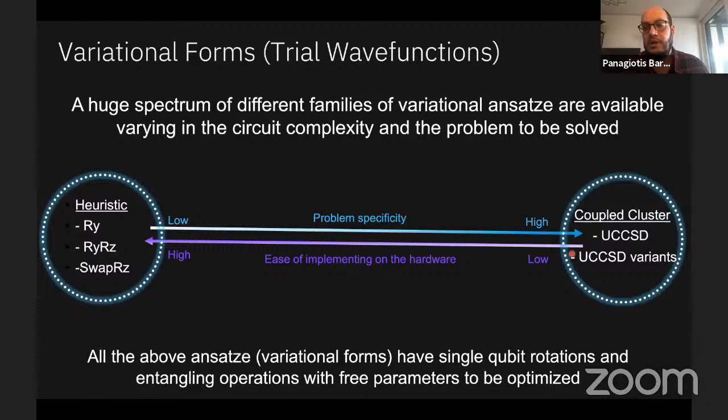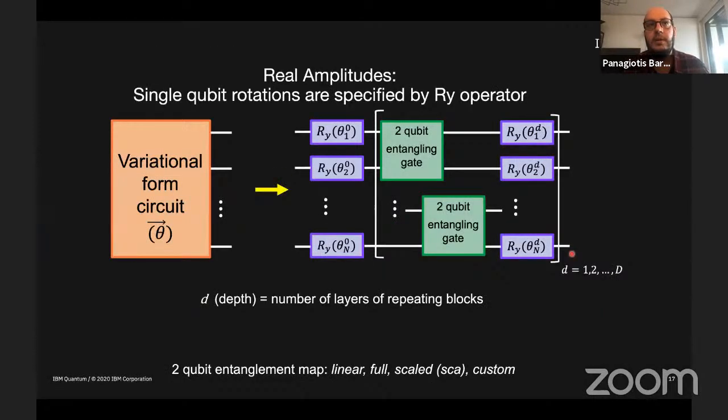So the more general case of the variational form, the heuristic efficient ansatz, is the one that I will show you now. We have the real amplitude variational form, which mainly consists of a layer of RY rotations parameterized by theta parameters and 2-qubit entangling gates, followed by another block of single qubit rotations. The last 2 blocks are repeated d times in order to introduce enough variational parameters to converge your problem.